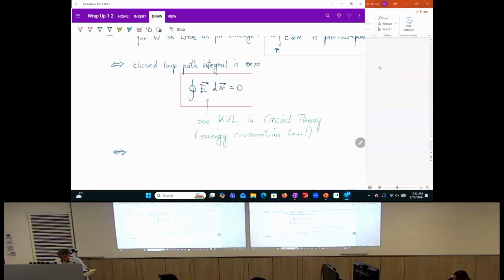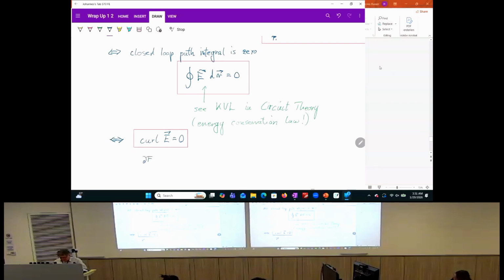of the electrostatic field implies, or vice versa, that the curl of the electric field is zero.